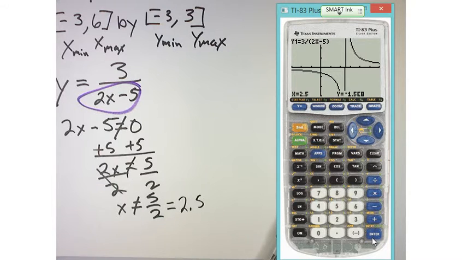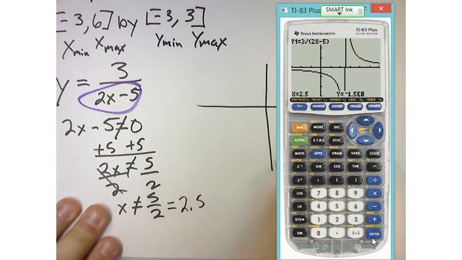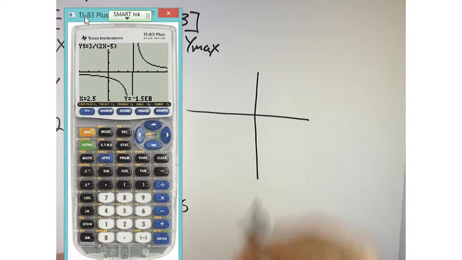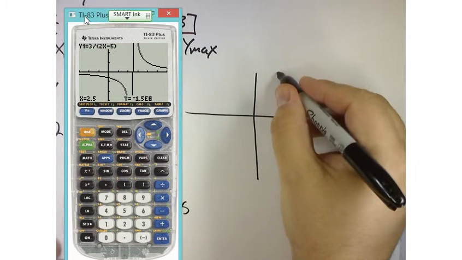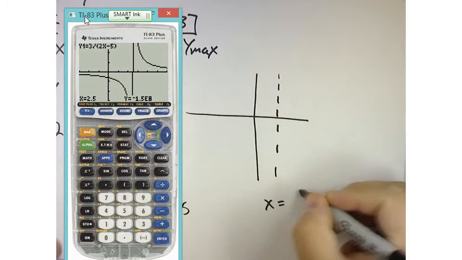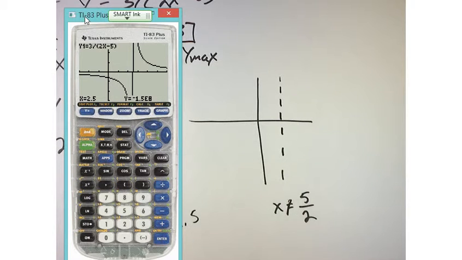Well, what we're trying to show you guys is that if I were to graph the behavior of this by hand, I'm going to slide the calculator over. When x equals 5/2, we know that this graph can never, ever equal 5/2, right? So we put a dotted line there to say nothing on this function can ever equal 5/2.